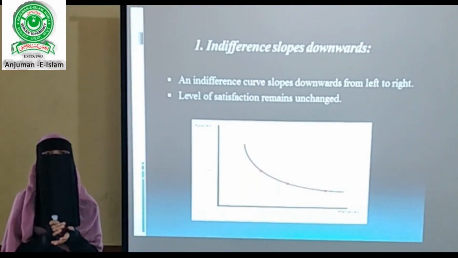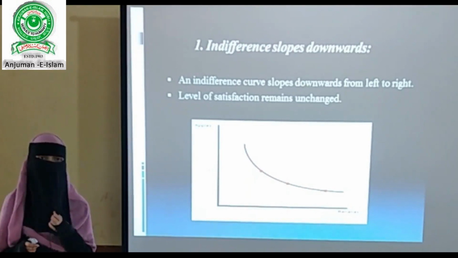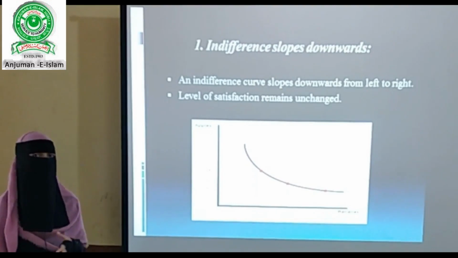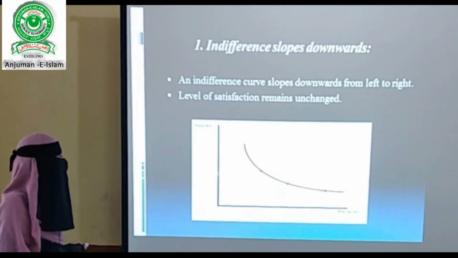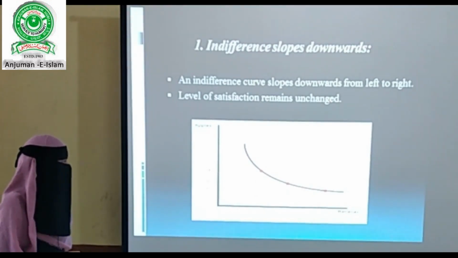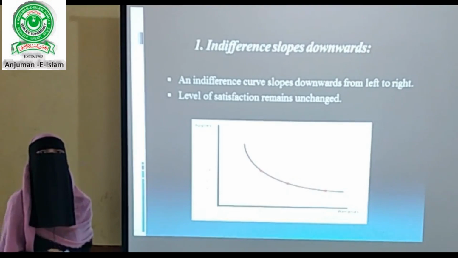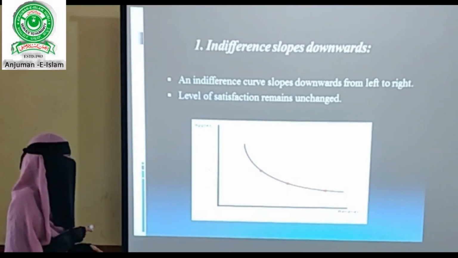If a consumer wants to maintain the same level of satisfaction, he has to give up a few units of one commodity to get an additional unit of another. To get an additional unit of the X commodity, that is banana, the consumer has to give up a few units of apples so that he can get the same level of satisfaction.